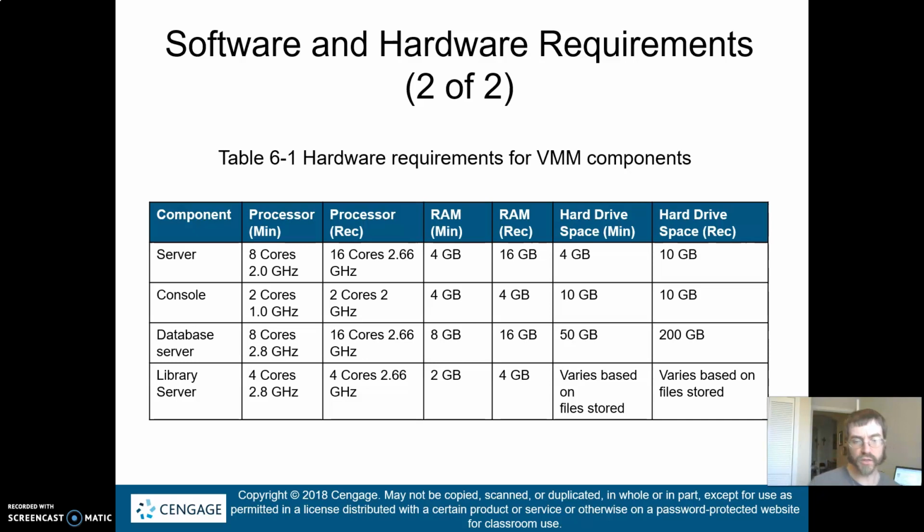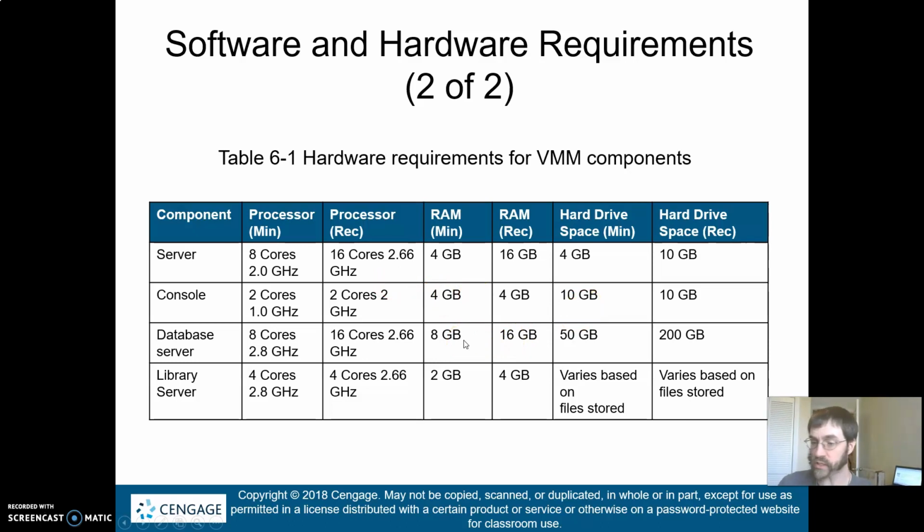Anyway, as you can see from these 8 to 16 core options between your server, your console, your database, your library, and these actually relatively reasonable clock speed ratings, you need a reasonably modern system.